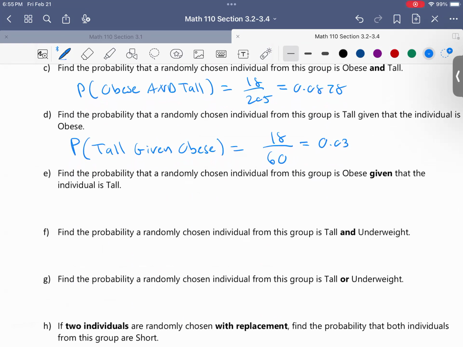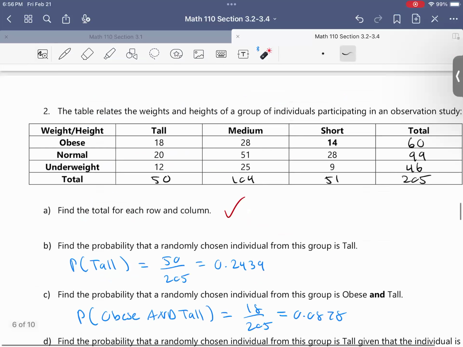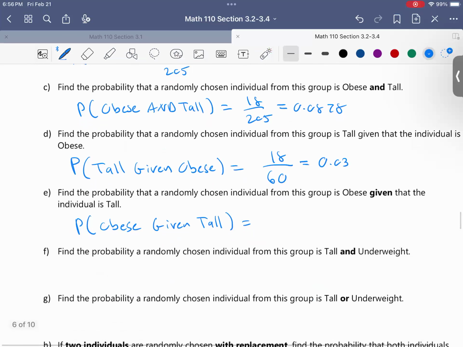Find the probability that a randomly chosen individual from this group is obese, given that the individual is tall. So now we are in the opposite. So probability of obese given tall. Okay, so since it's saying given tall, I'm going to live in that tall column. That's my new space. So my denominator will be out of 50.